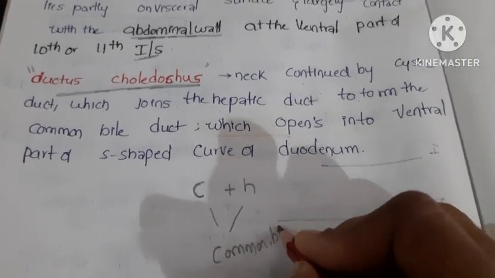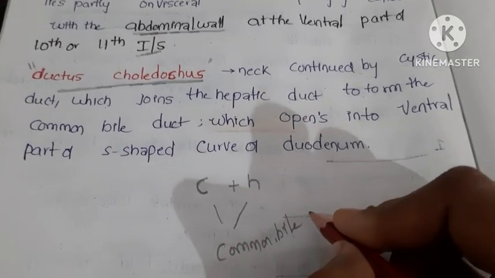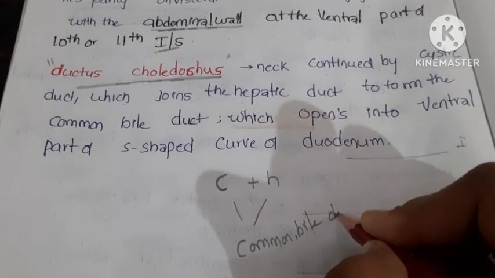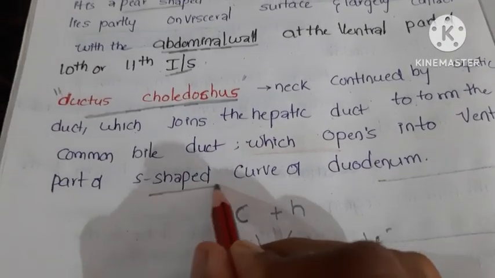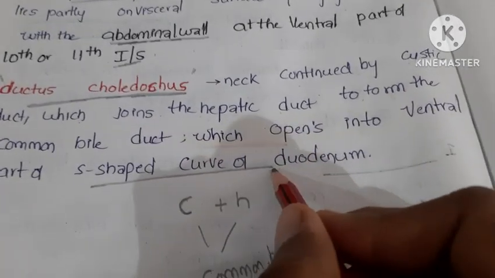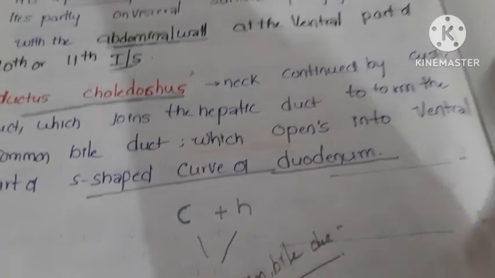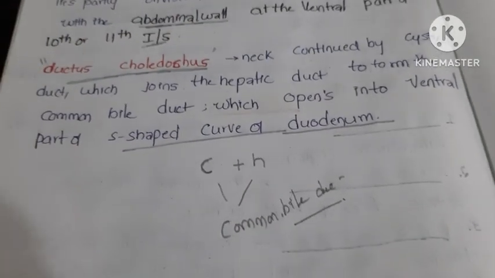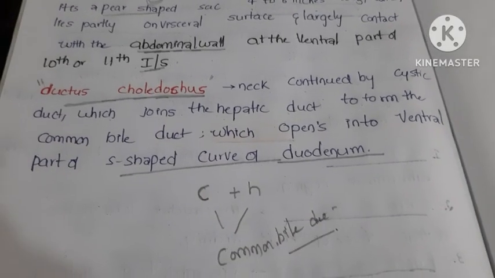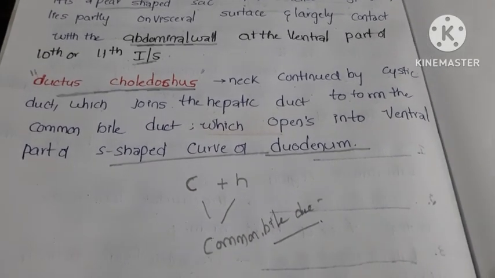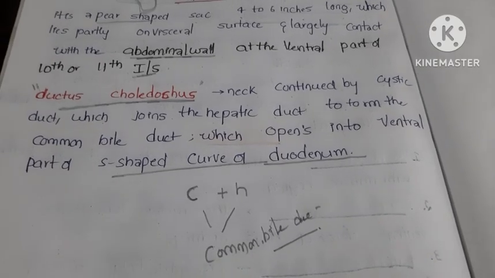Both join and form the bile duct, which opens in the ventral part of the S-shaped curve of the duodenum.